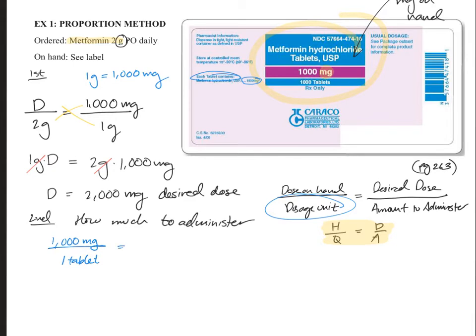And that's going to equal the desired dose, 2,000 milligrams, all over the amount to administer, which is what we're searching for. So once again, H was the dose on hand, which is this value. The dosage unit was 1 tablet, which we got from our chart. The desired dose is what we found in the first step, and the amount to administer is what we are searching for.